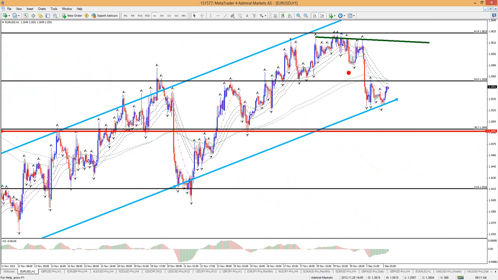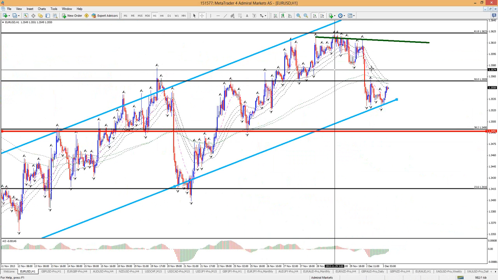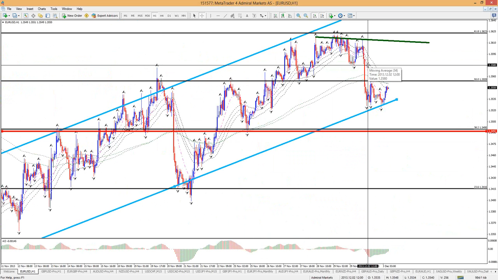I wouldn't necessarily put an entry order there personally, although I'm not saying that there's anything wrong with that necessarily. But I would somehow wait for more confirmation due to the fact that the euro dollar, although it is moving slowly to the upside, it is still an uptrend channel. And I don't like shorting, I don't like placing direct entry levels in an uptrend like that.